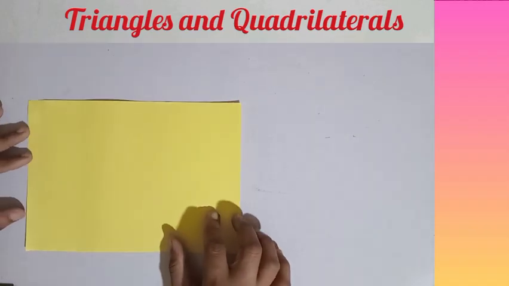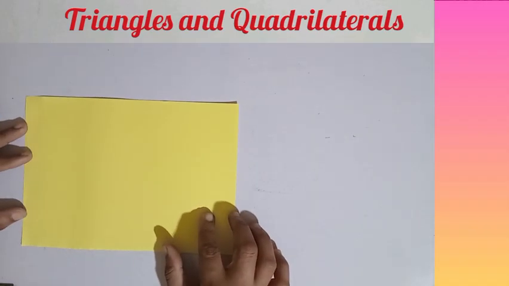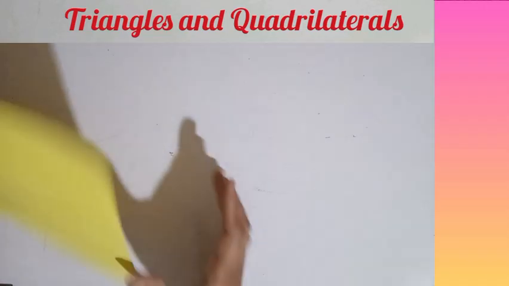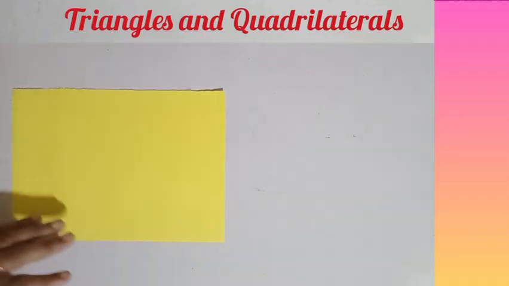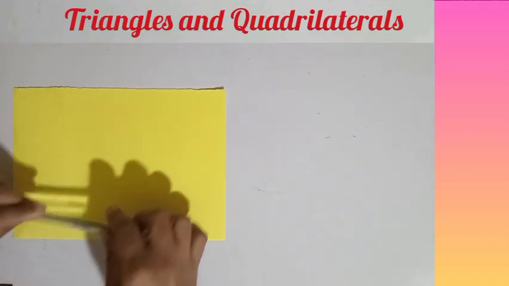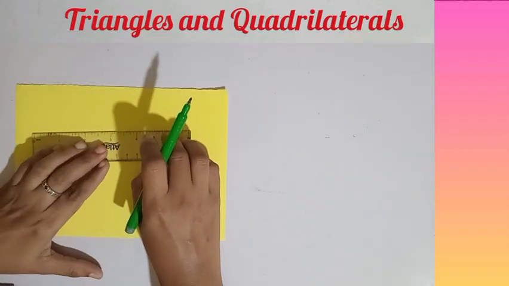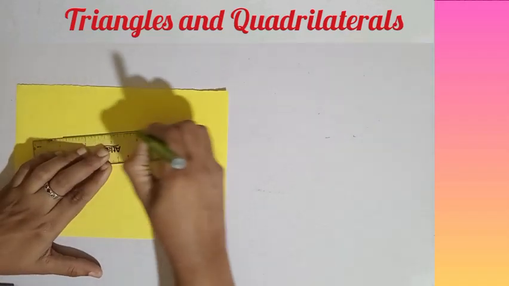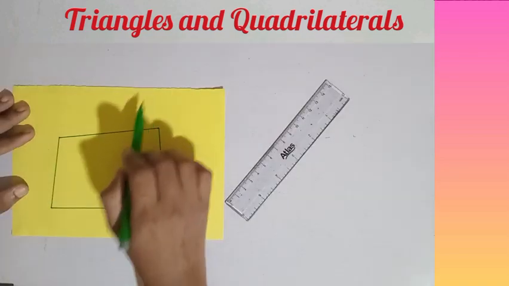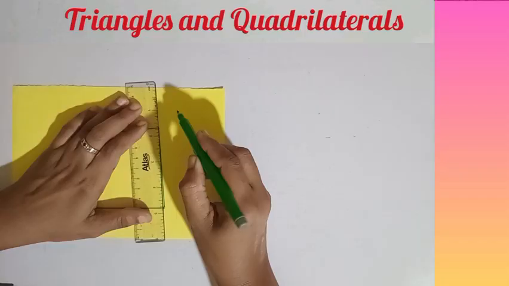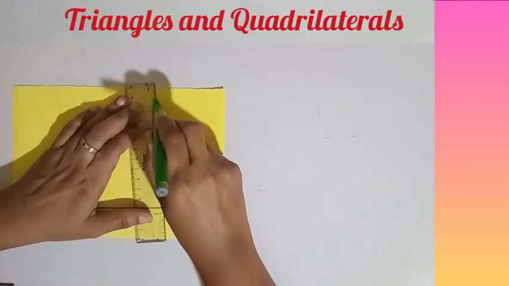Lastly, we are going to get the sum of the four exterior angles of a quadrilateral. I'll draw a quadrilateral first. Now let's form four exterior angles by producing the four sides in this way.